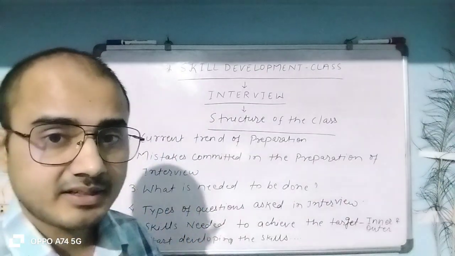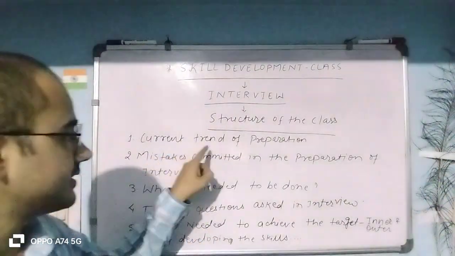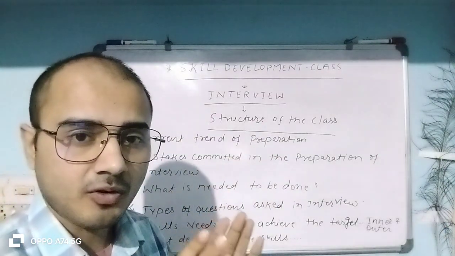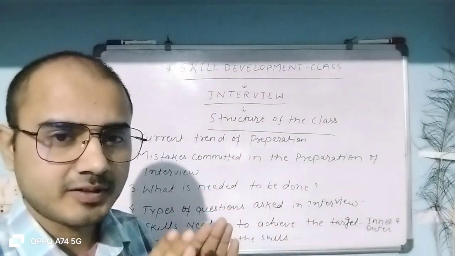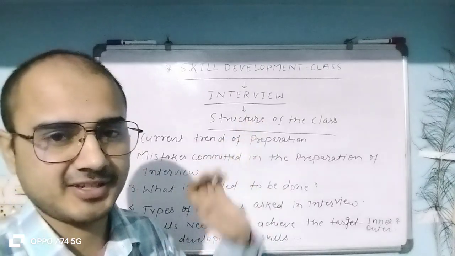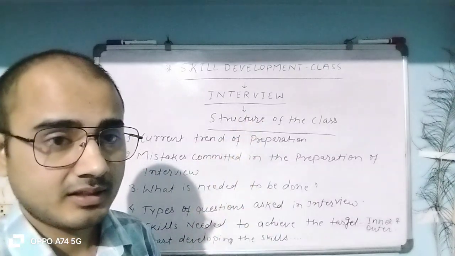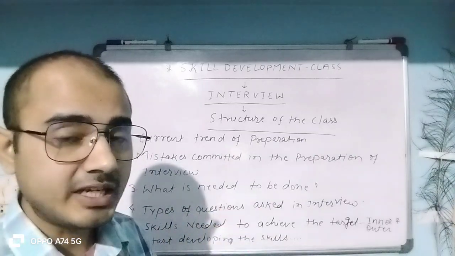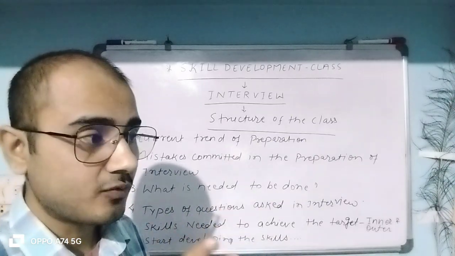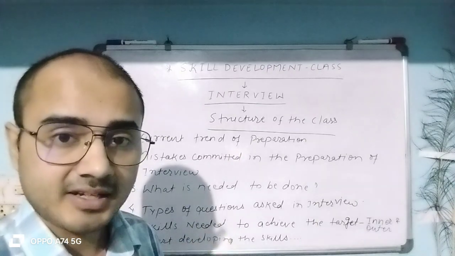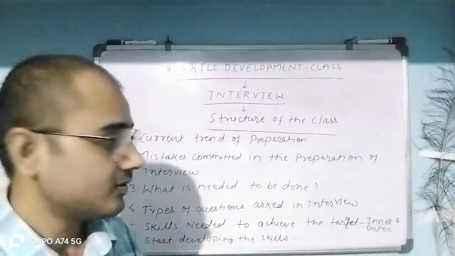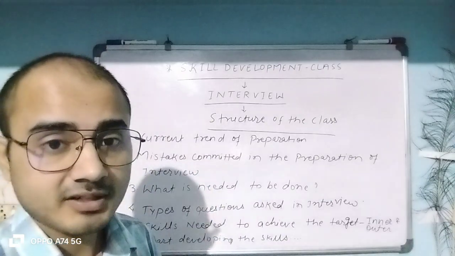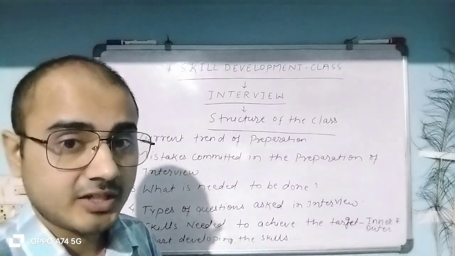I'm taking all the points in a chronological way now. First, we'll see the current trend of preparation, what is going on at present with respect to interview preparation. Once we know that, we need to find out whether it is correct or not. If something is wrong, we have to find the right thing, and for that we need to know the wrong.